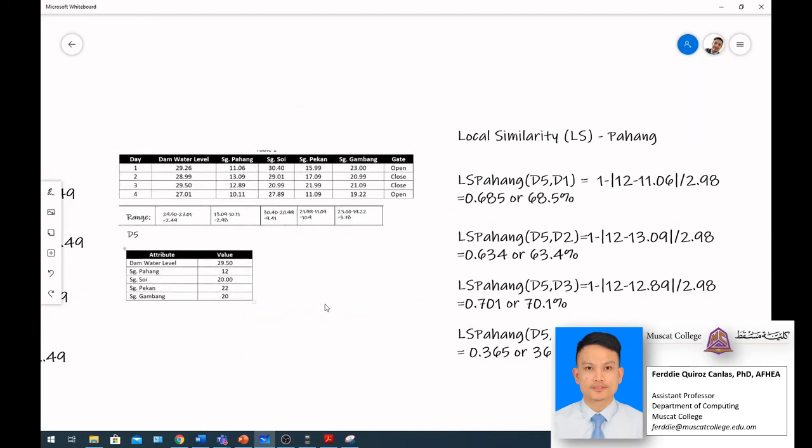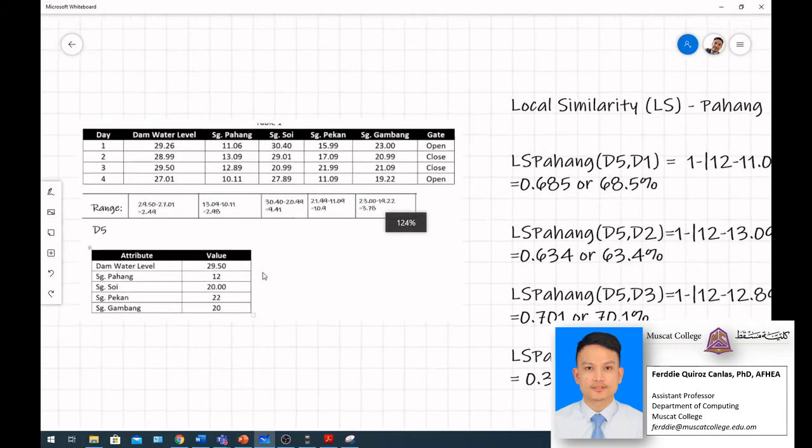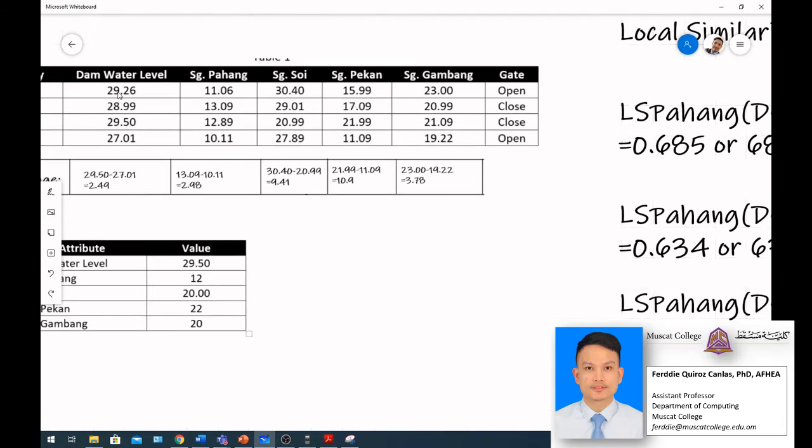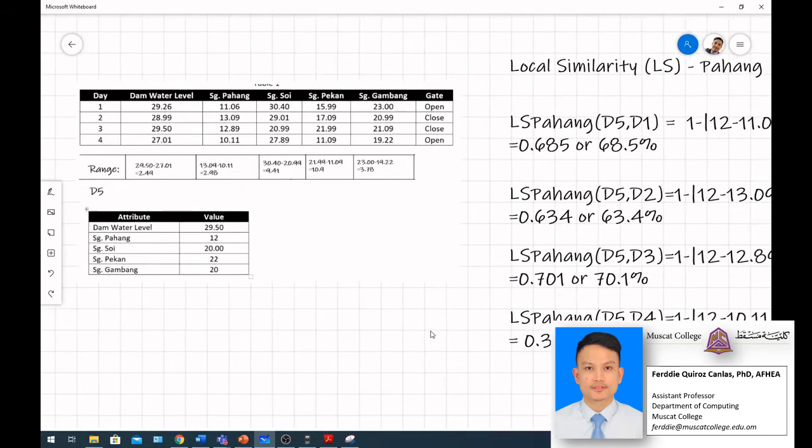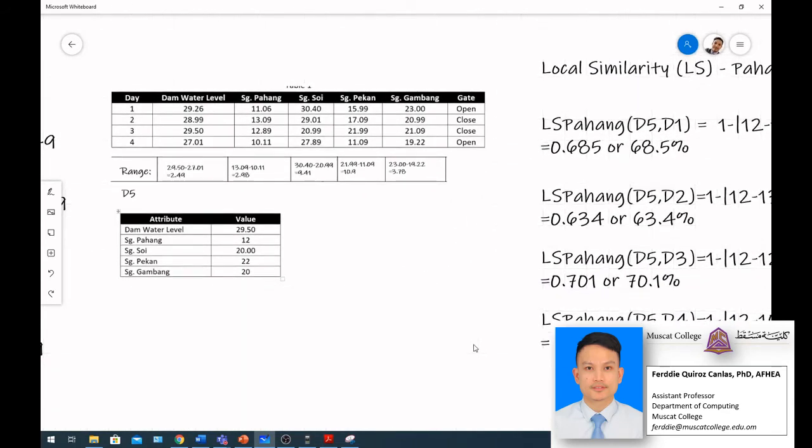You're correct. We calculate the range for each one: highest minus lowest, 29.50 minus the lowest, 27.01. This is only difficult the first time, but the more you practice, the more you can solve it.